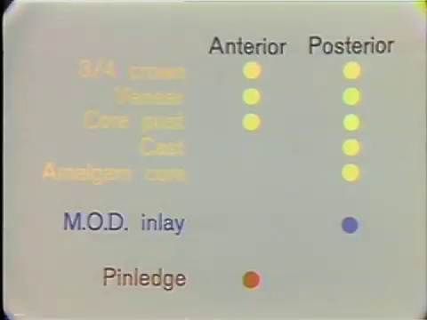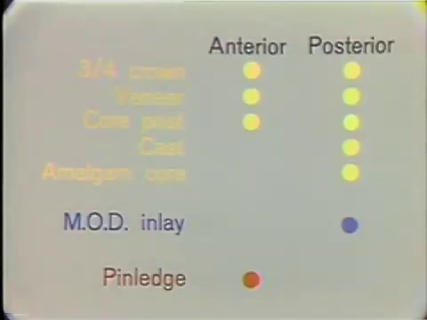The cast crown is an all-gold complete crown, which of course is only used on posterior teeth where the aesthetics are not critical. The amalgam core crown is used on vital teeth where a great deal of tissue is missing and a core is built up in amalgam, which is retained in position with pins, and is used mainly on posterior teeth.